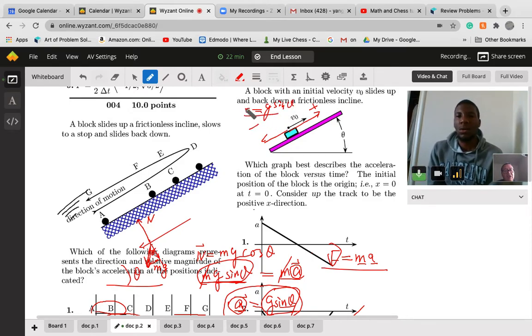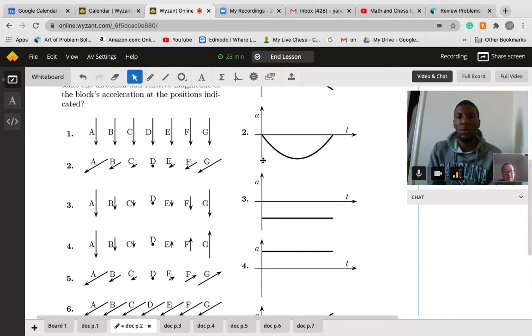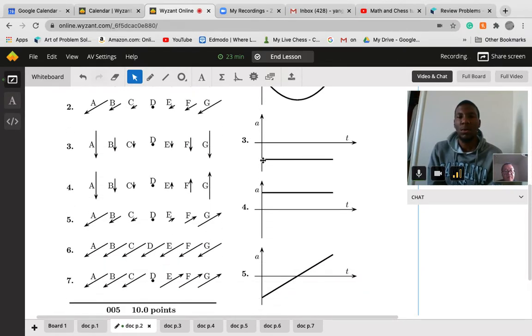So g is a constant, but also it's a negative number. Then you can check which plot describes it.